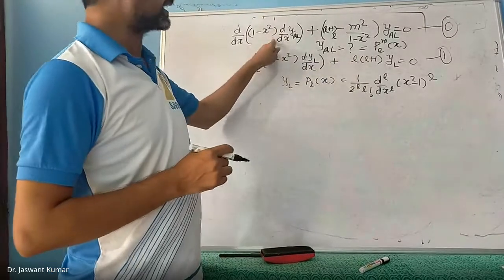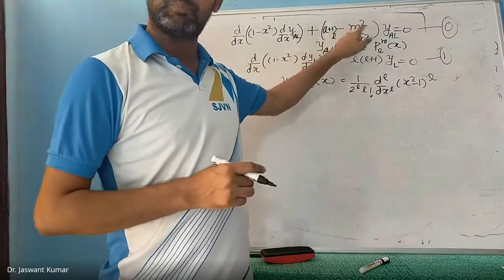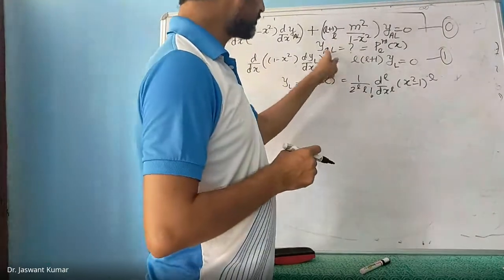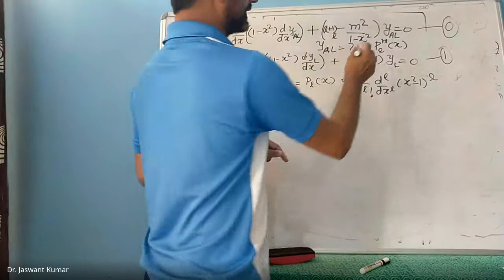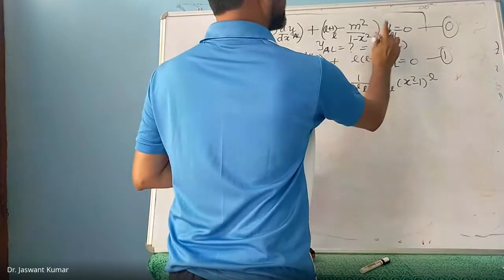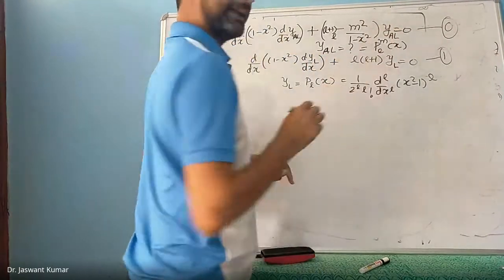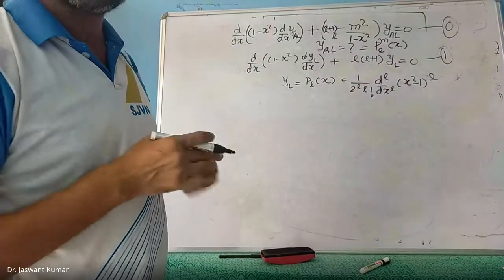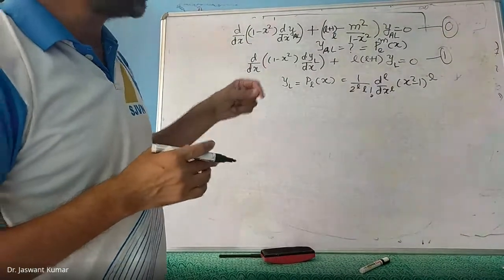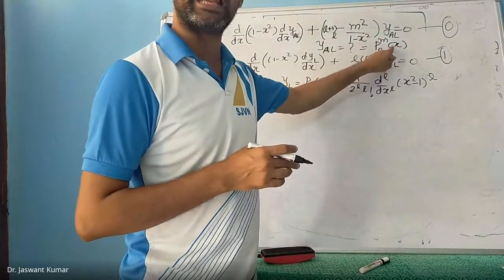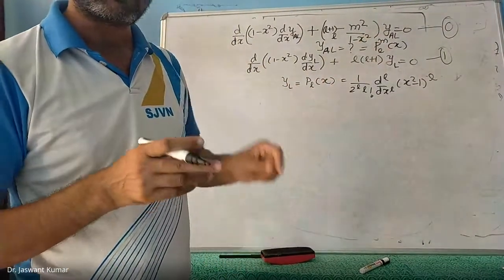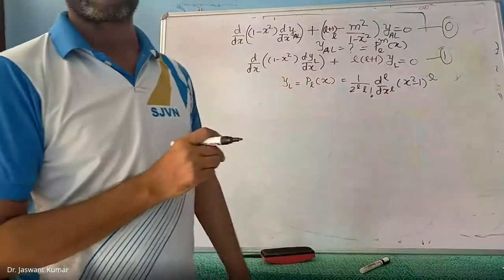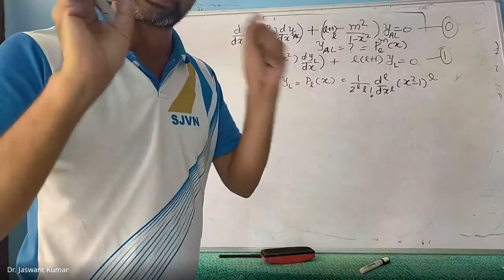Since this equation contains l and m both as unknowns, this solution will also be written in literature as P_lm of x. So our aim in today's class will be to obtain what this P_lm of x is, given that we know what P_l of x is. Is the problem clear to everyone?